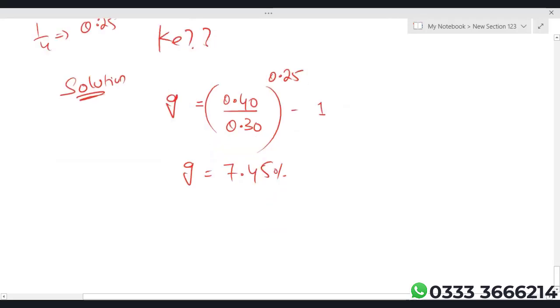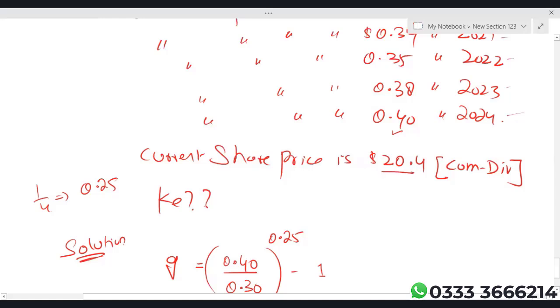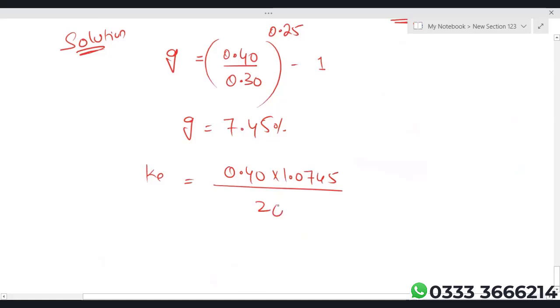Okay, now K is equal to D naught into 1.0745. See, it is 20.4 current share price, but it says cum div. So I have to deduct the dividend. So ex div is 20, plus the growth rate.